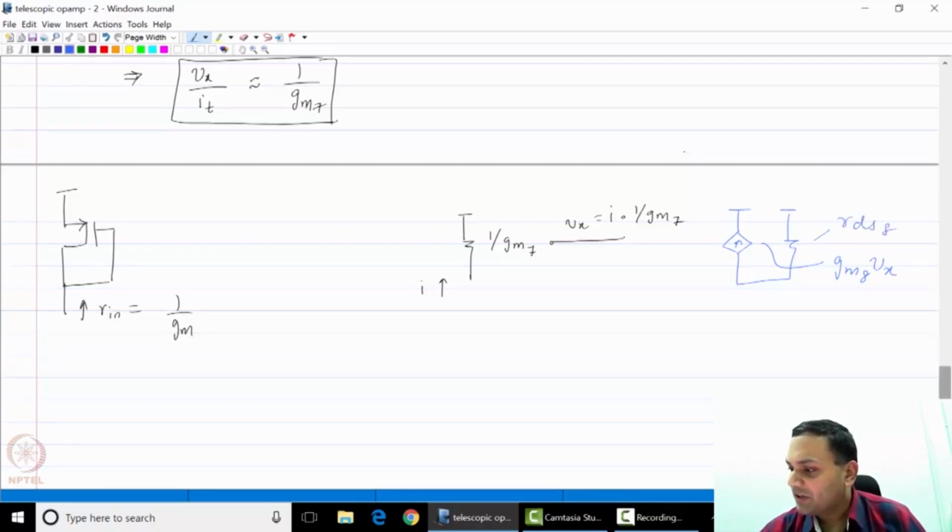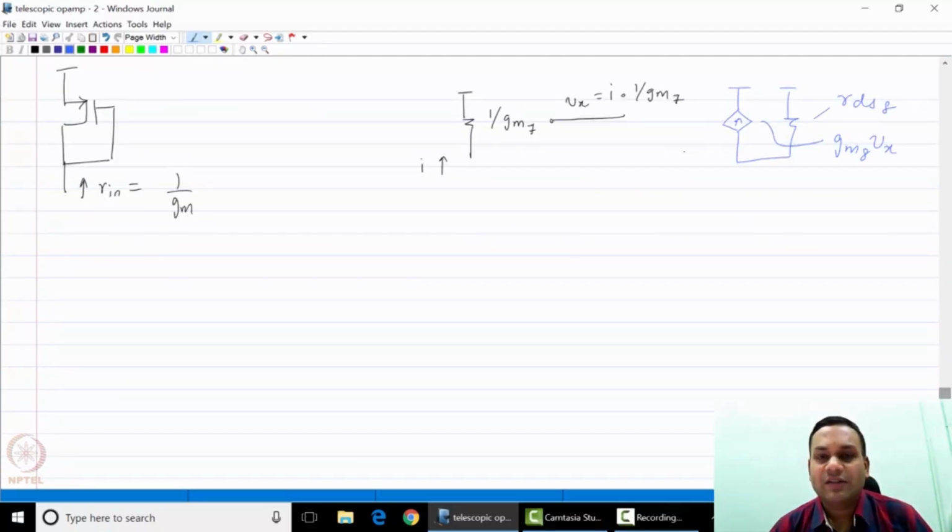This is RDS8. Now let us complete the rest of the small signal picture while keeping this in mind.